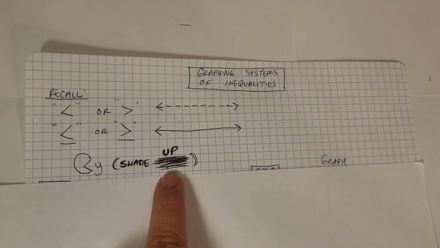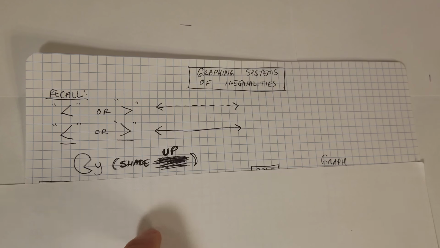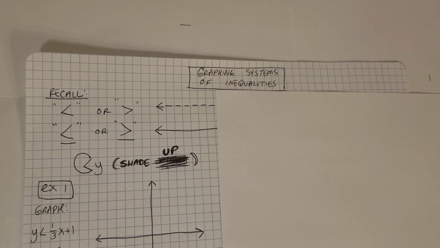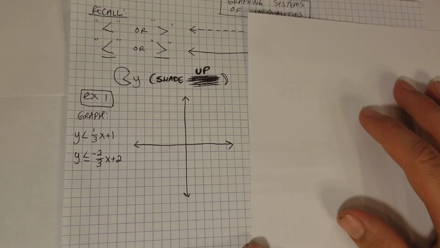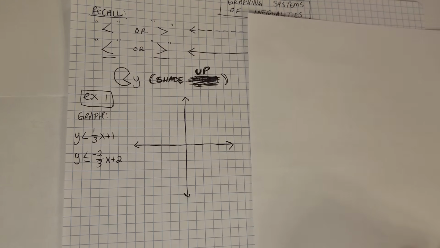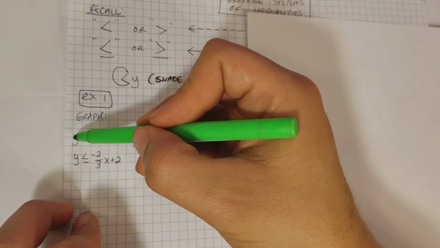Okay, so that being said, I'm going to do an example with you guys, and then I'll do another one in which you have to solve for y, so you can refresh your memory on that. Let's do this one on the left hand side first. I'll come back to the rules in a little bit. We have 2 equations, which I'm going to color code so you can see which one's which.